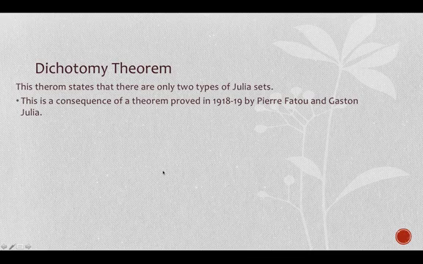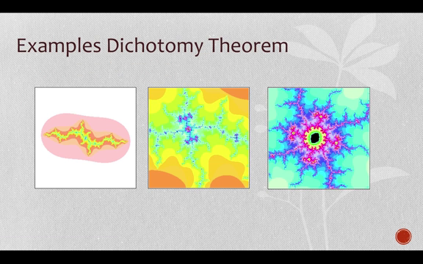The dichotomy theorem states that there are only two types of Julia sets. This is a consequence of a theorem provided in 1918 by Pierre Fatou and Gaston Julia. First we define the filled-in Julia set Kc for each complex number c, as I stated before.